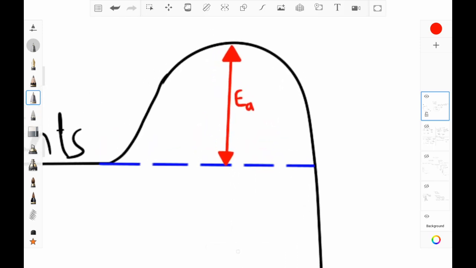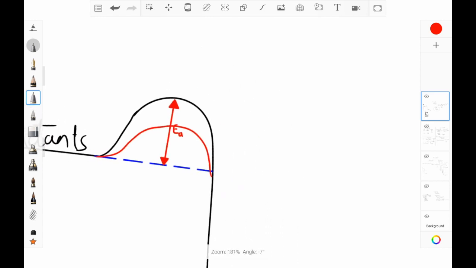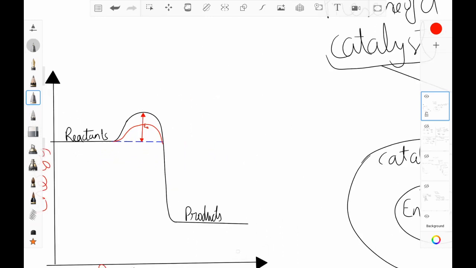You'll notice that there's an activation energy that the reactants must reach before the reaction can actually begin. And what the addition of the catalyst basically does is that it reduces the activation energy that's needed for the reactants in order for the reaction to occur. And this makes it so that the reaction rate is faster.